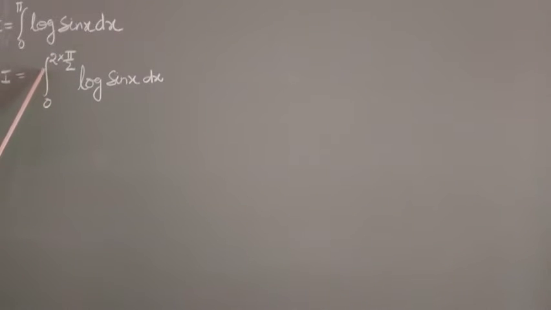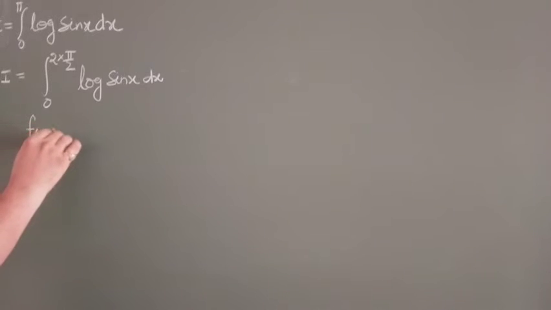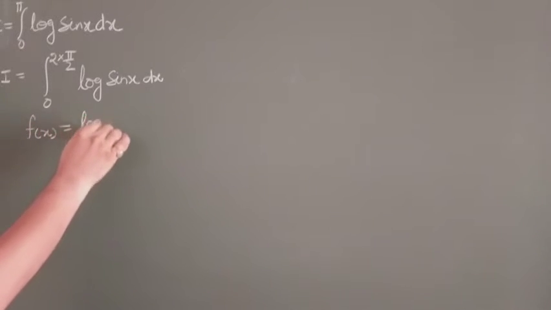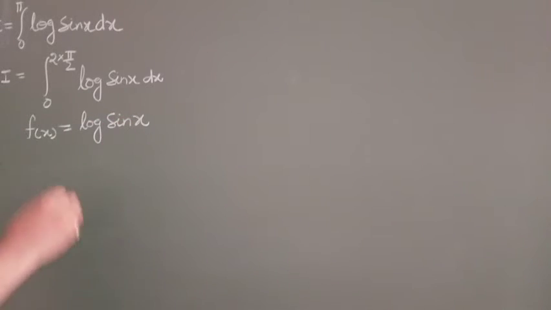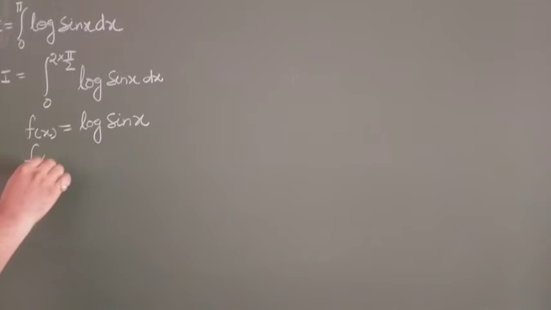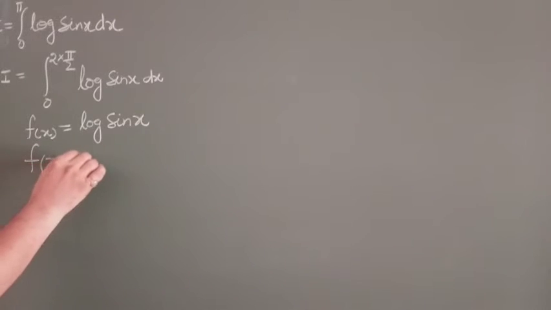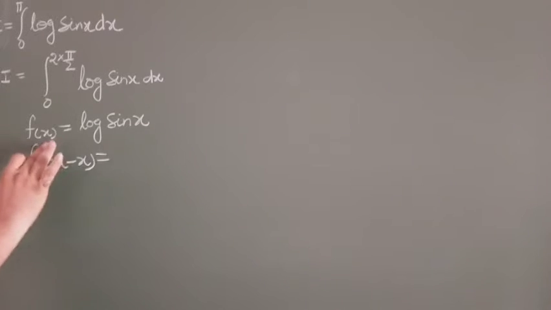So f(x) equals log sin x. To use the 0 to 2a property, first of all we have to put 2a minus x in place of x.